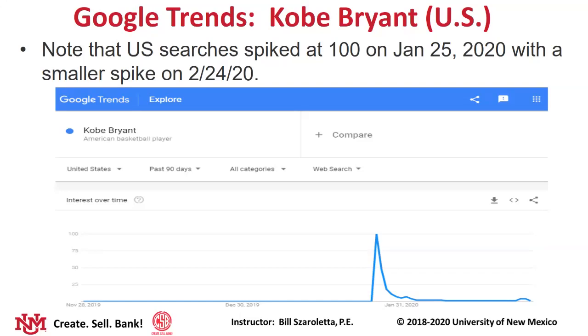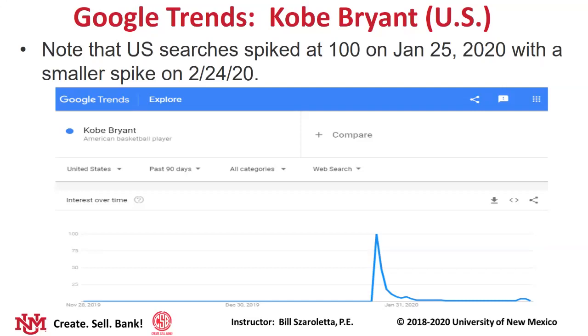And then his memorial service was on the 2/24/20. And his daughter's number in basketball was 2, and 24 was his NBA number, and he and his wife were married for 20 years. So that's why she chose that particular date.